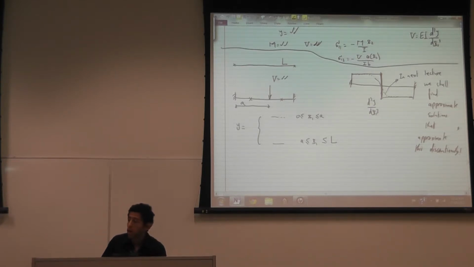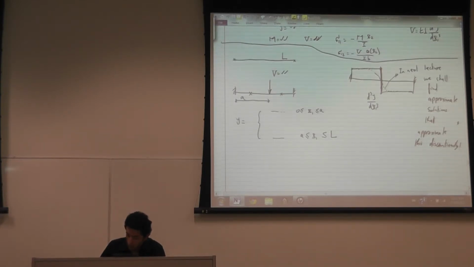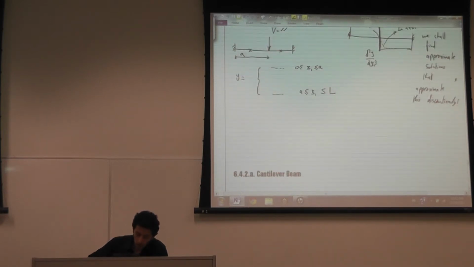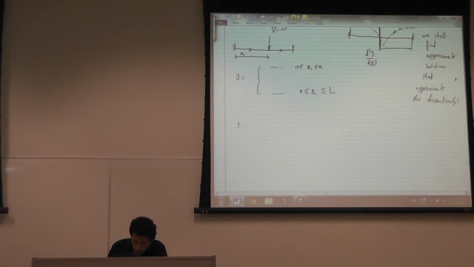Now, for you to solve this problem, you have to break it like this. I'm going to put this as positive shear. This is the given shear, positive shear.